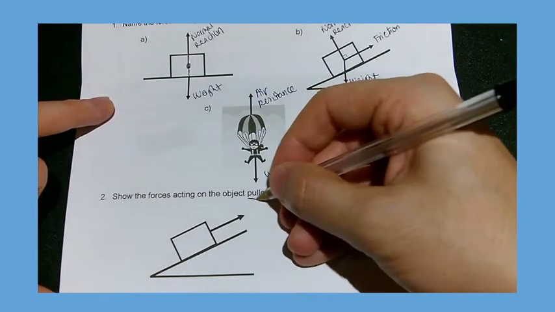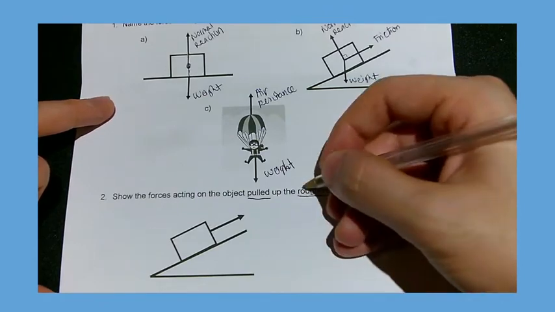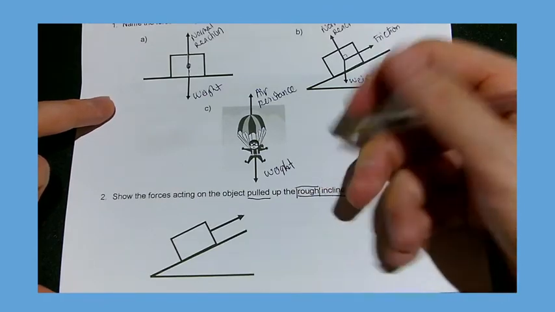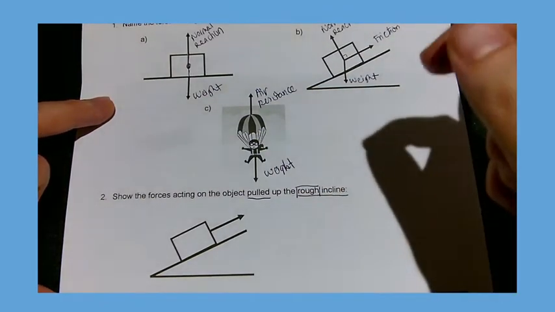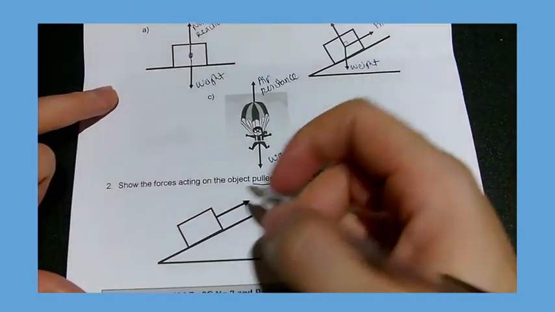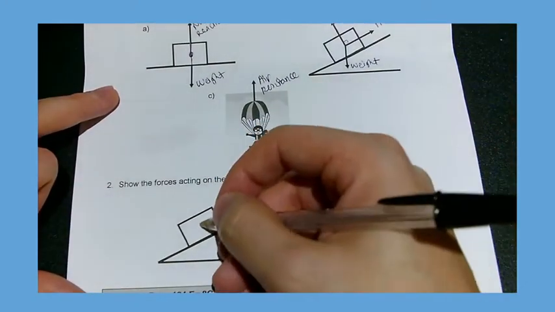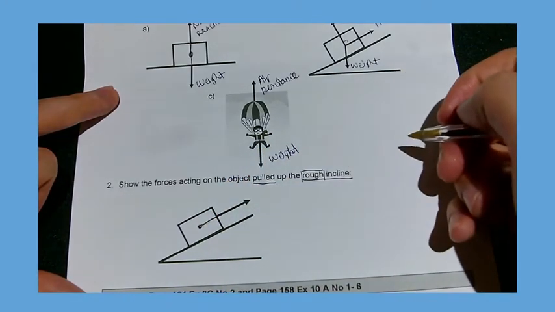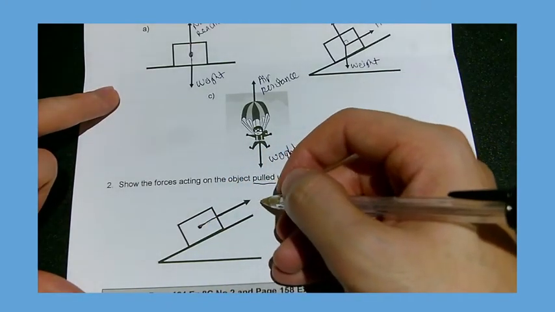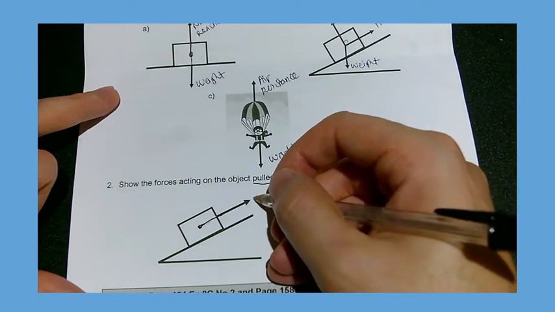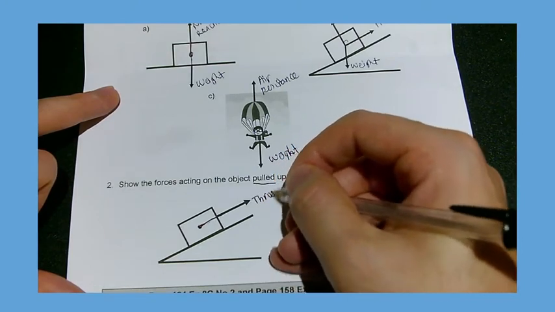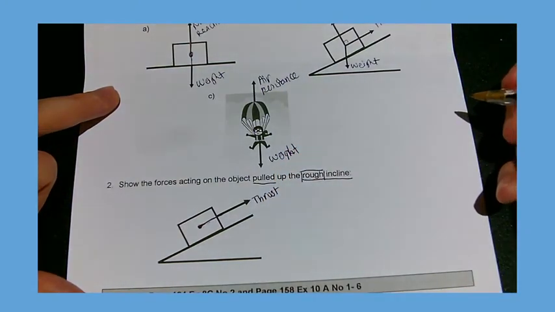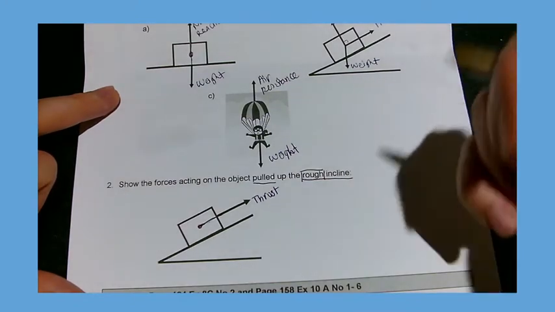Let's look at question 2, where we had to show the forces acting on an object being pulled up a rough incline. Now, the word rough in mechanics is obviously the opposite of smooth, so there is going to be friction. Now, if this object's being pulled up, I'm going to draw the force coming from the center of the object. Okay, then this will be our thrust. Okay, that's being pulled up.